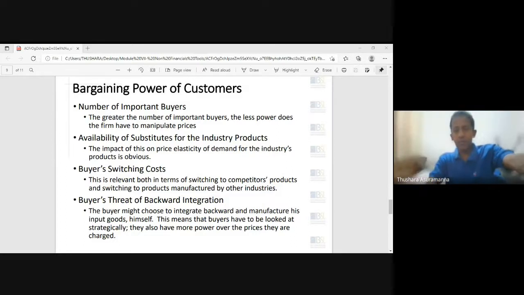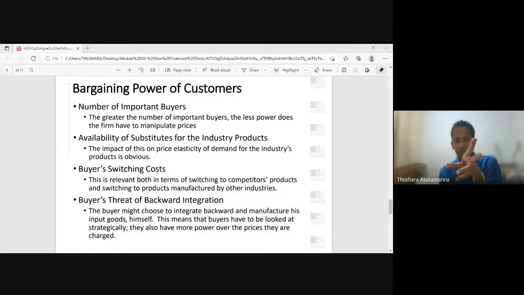Number of important buyers, what is that? Let's say you have a few important clients out there. Then you are dependent on their purchases, their terms.